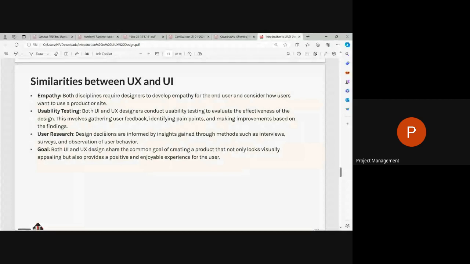The second one is usability testing. Both UI designers and UX designers have to conduct usability testing, that is, evaluate the effectiveness of the design. When you design to a point, you gather some potential users and give them the wireframe or the prototype of what you've come up with, and give them tasks to do.